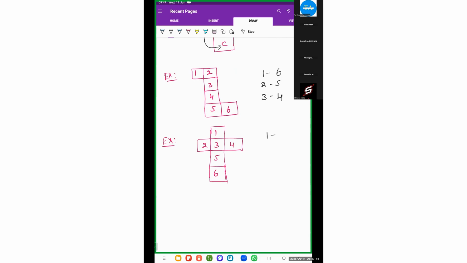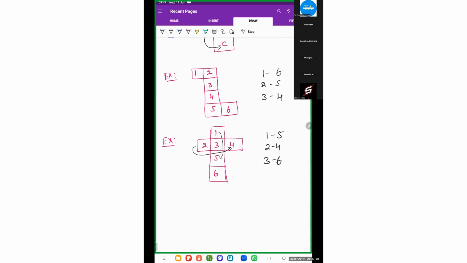But 2 and 4 extension is there. That means 2 opposite will be 4. 2 and 4 is the extension. 2 opposite is 4. Next, here 1 opposite is 5. Then 3 opposite is 6.